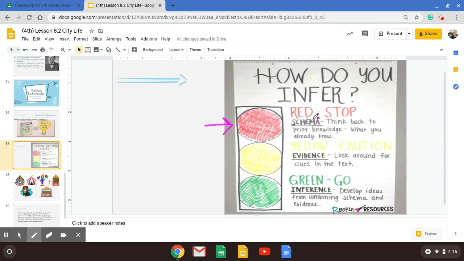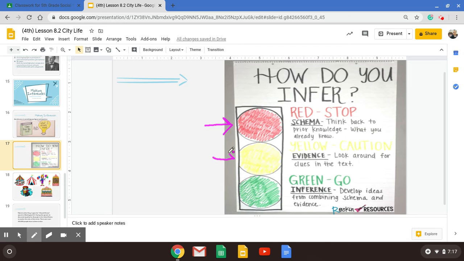So, if the topic is inventors of Ohio, you already have some prior knowledge about Thomas Edison, Garrett Morgan, the Wright brothers, and so on. What knowledge do I already have about this topic?